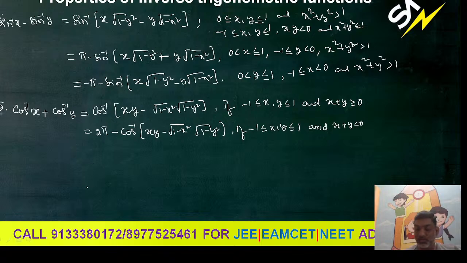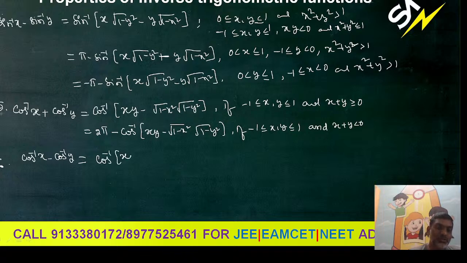The next formula, what is the next formula here? Cos inverse of x minus cos inverse of y. Formula number 6, cos inverse of x minus cos inverse of y. This could be equals to cos inverse of xy plus under root of 1 minus x square into under root of 1 minus y square.